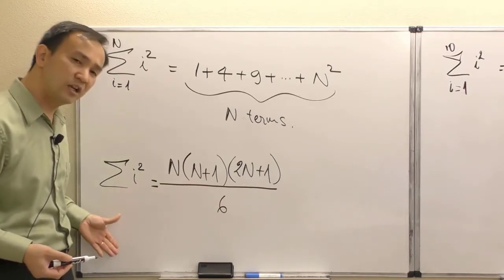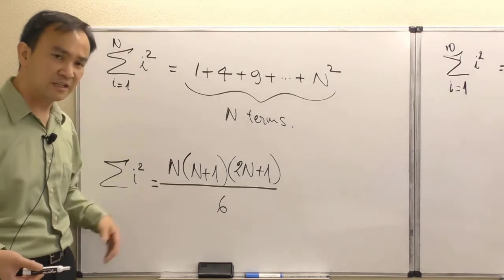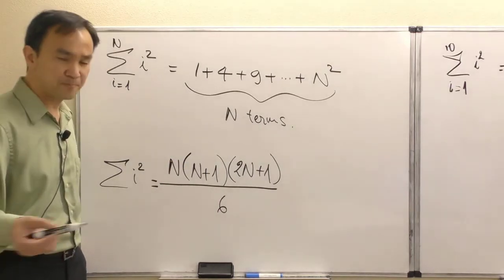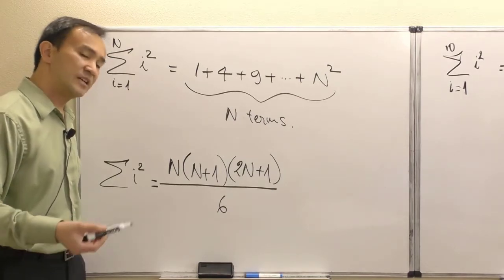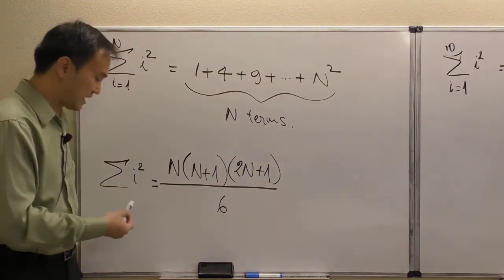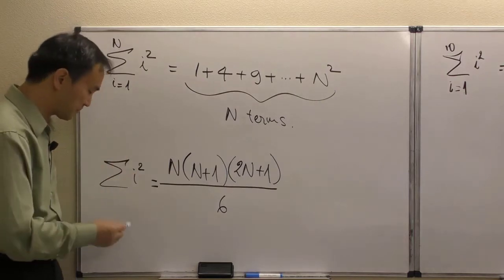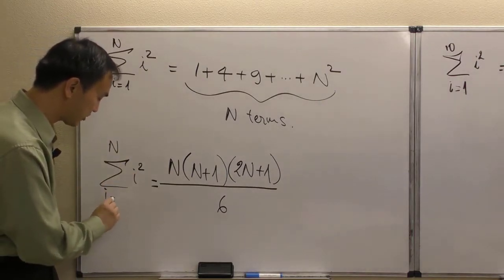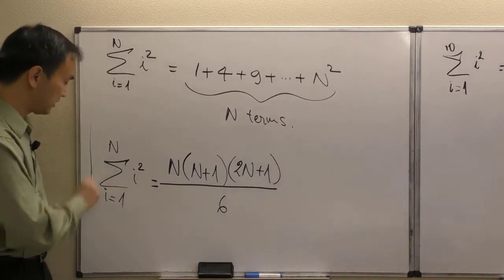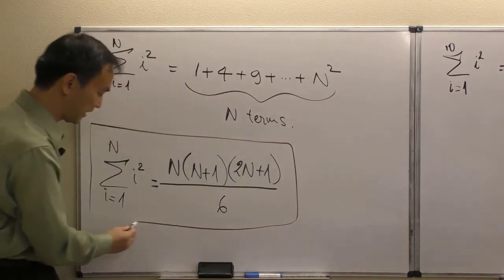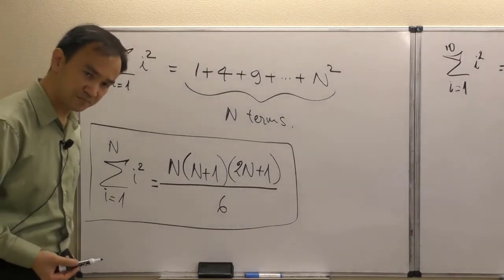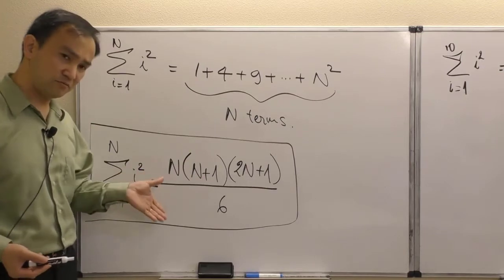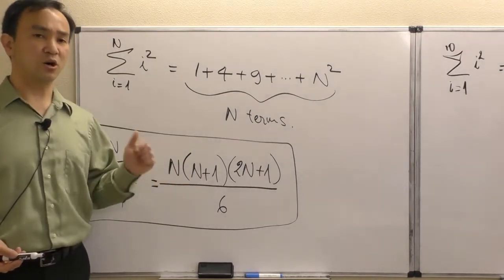So I don't need to deliver a proof here that would just take away your valuable time. But you can always open any textbook you have, and in the back there has to be a page somewhere that proves these formulas, to derive how past mathematicians came up with them. Now we learn these formulas and understand what their purposes are, and then we're going to learn how to use them. That's the whole intention of this lecture.